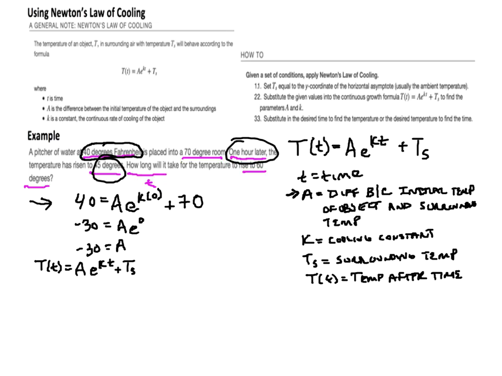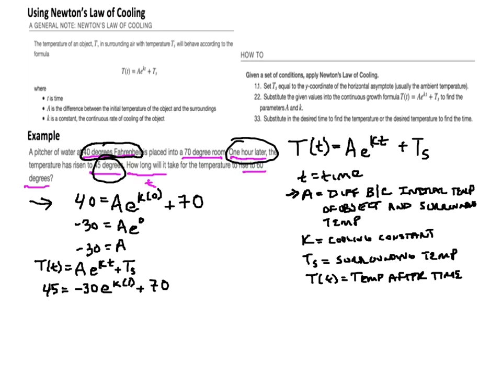So I'm trying to find my constant K now. My A value is negative 30, e to the K, and it's 1 hour later times 1, plus my surrounding temperature, 70.